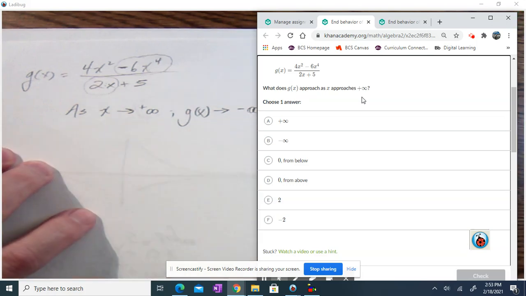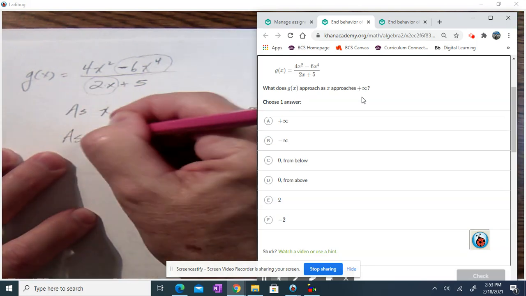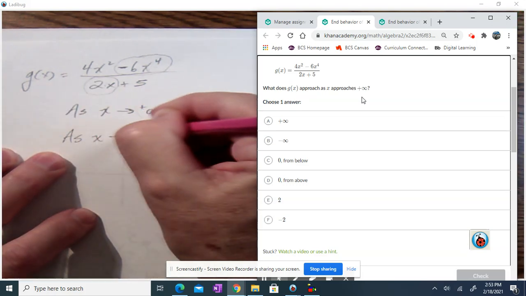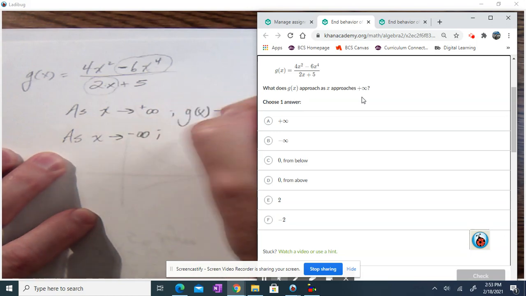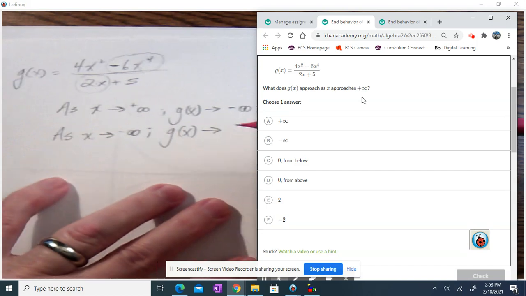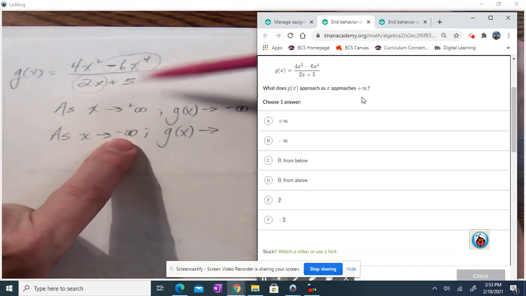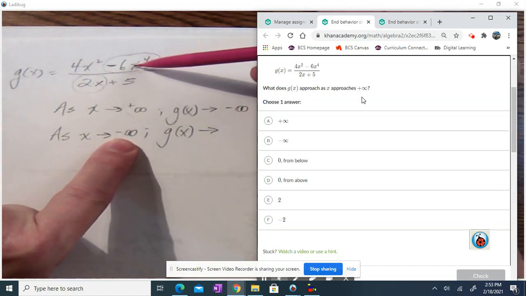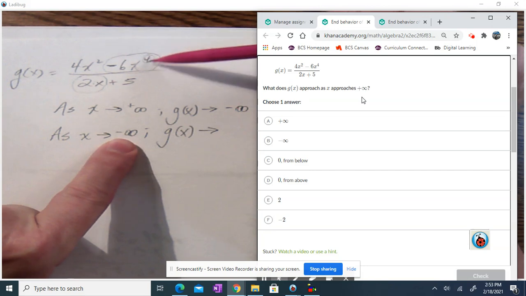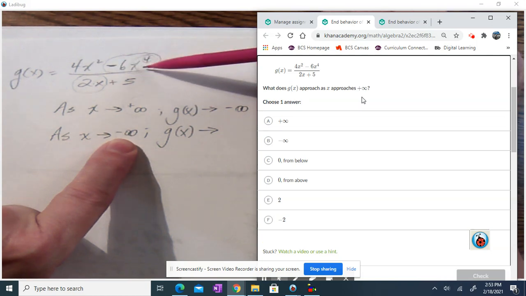Now let's talk about what happens as x approaches negative infinity. What's this g of x approach? All right. As we go to negative infinity, getting into the negative numbers, that even power is going to keep this positive, right? But that negative 6 is going to turn it into a negative.